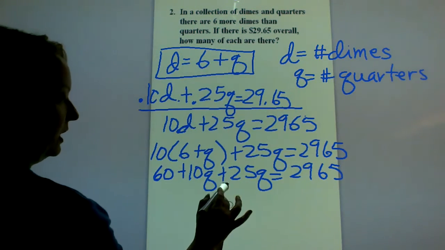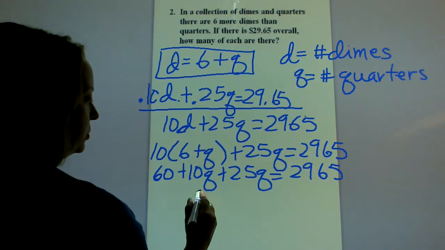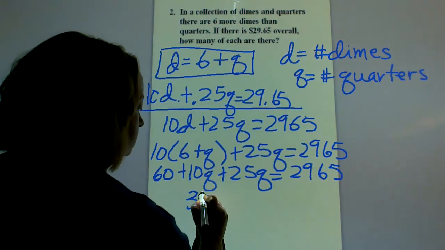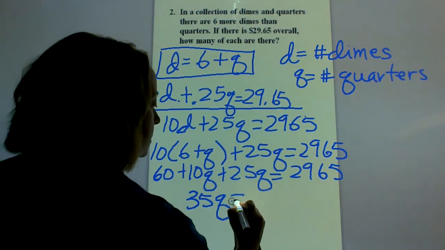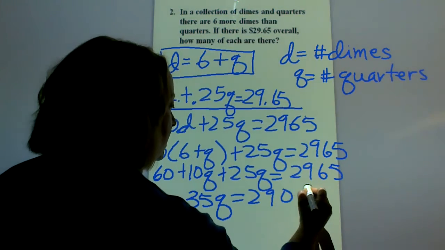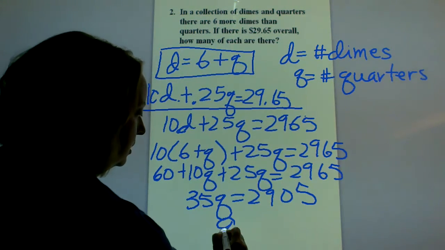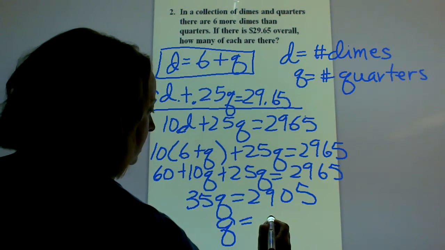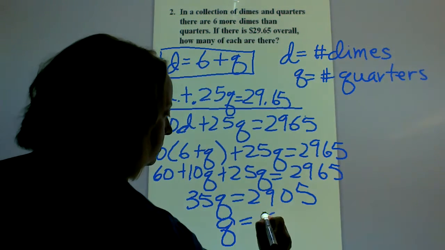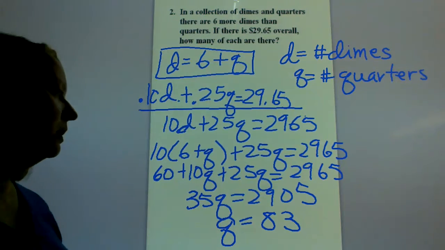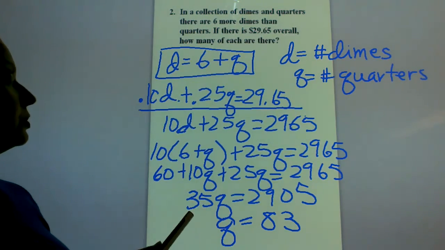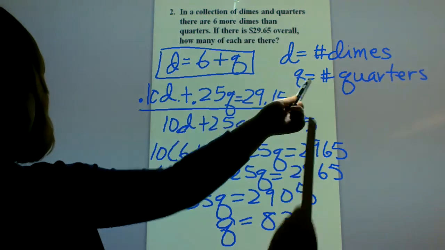And so I'm going to combine like terms and move that over, so 35Q equals 29.05. I'm going to divide by 35, and it comes out to be 83 here. So that was the number of quarters, because that's what Q represented.